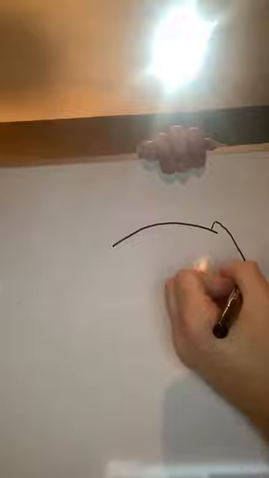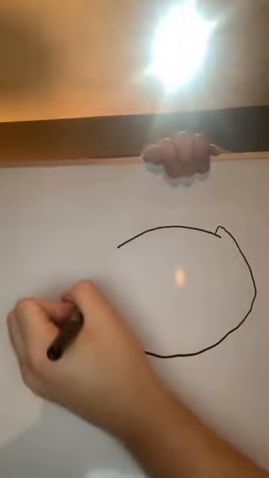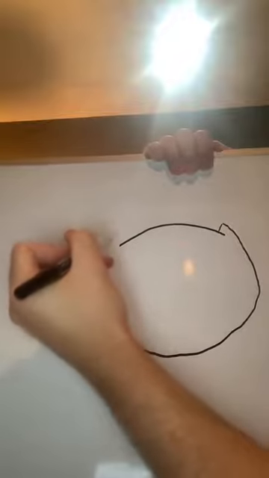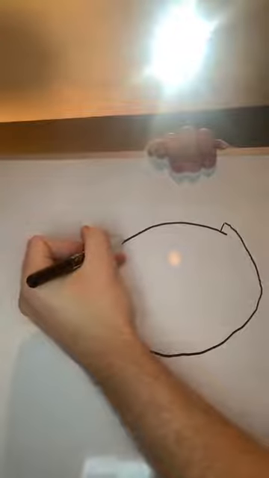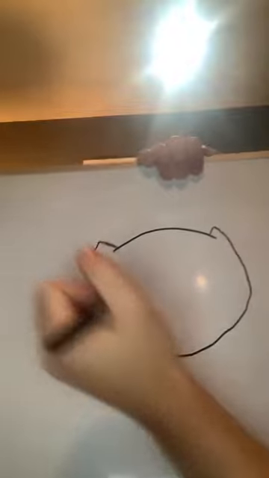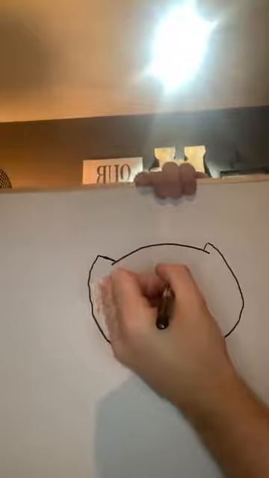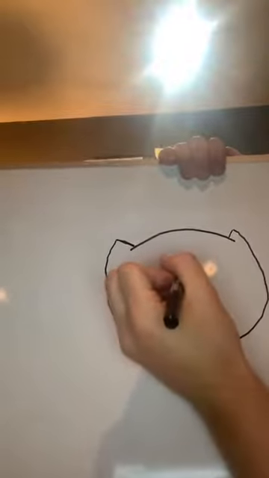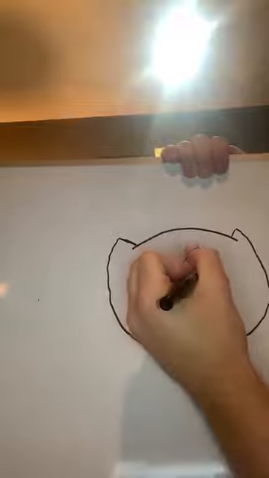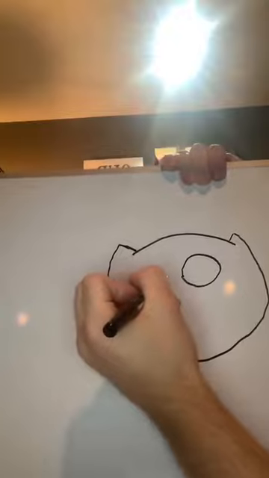Make an oval shape with your drawing. And just connect it back to the top. And here, at the end of that line, you're going to want to connect that back to make the second ear so that it sort of looks like a bat. And then here, you're going to want to draw the two eyes. Sort of like that.